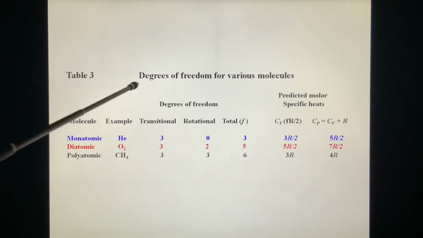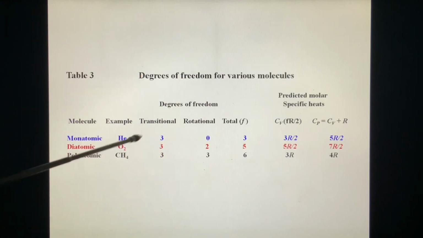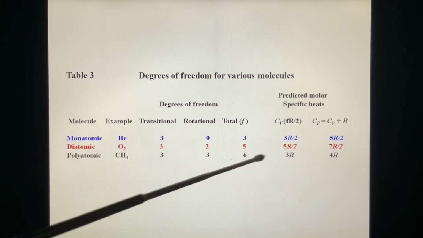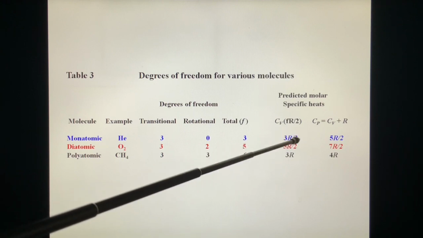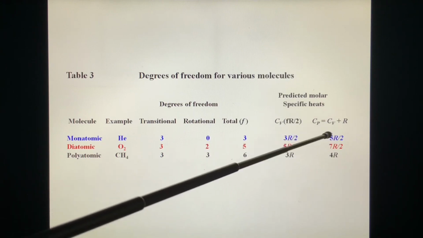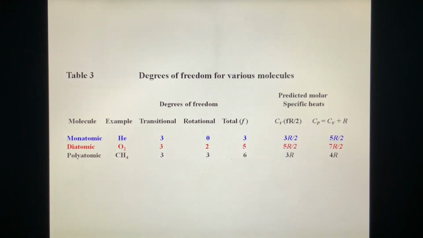Now, this is the degrees of freedom. Okay, monatomic, you have 3 translational. So CV equals f over 2 R, which is 3R over 2. CP is 3R over 2 plus R, 5R over 2. Diatomic, like oxygen, has 3 translational and 2 rotational degrees of freedom, 5.